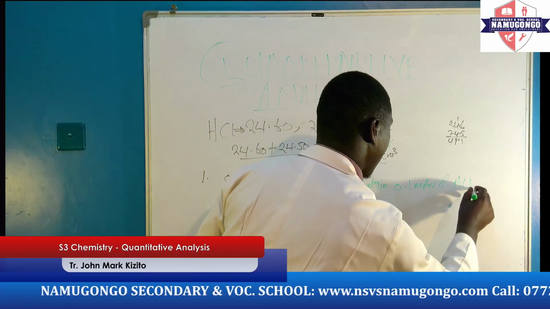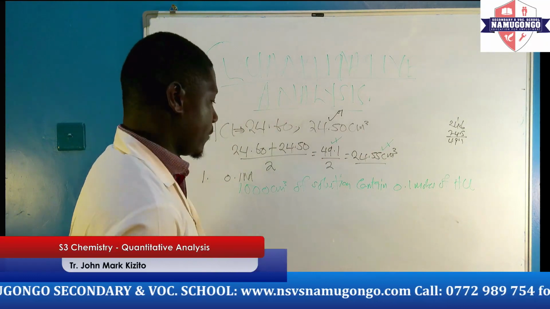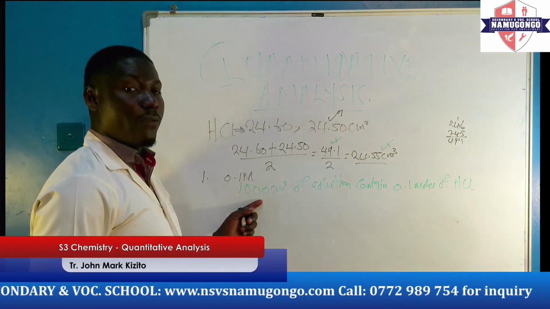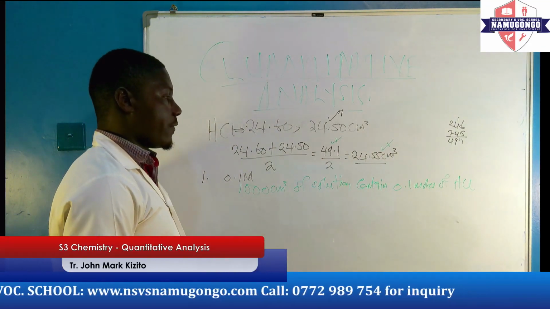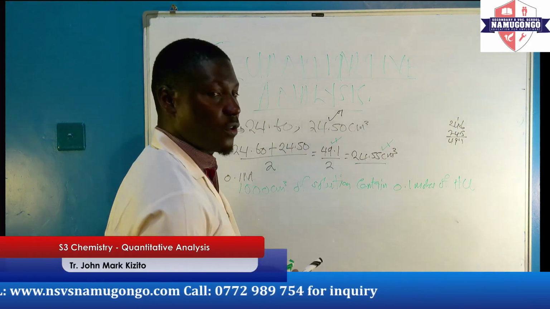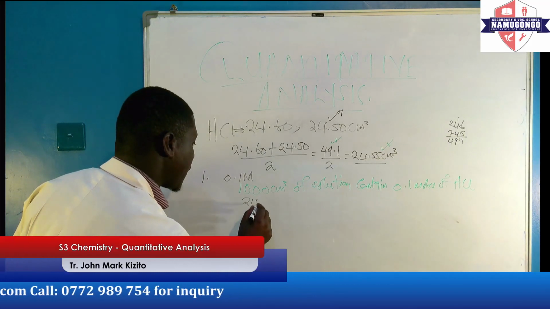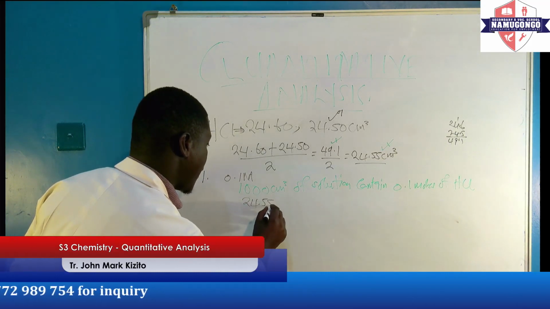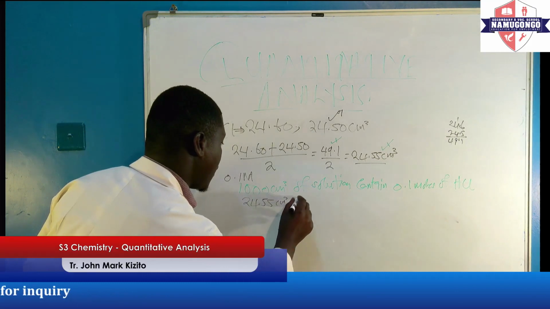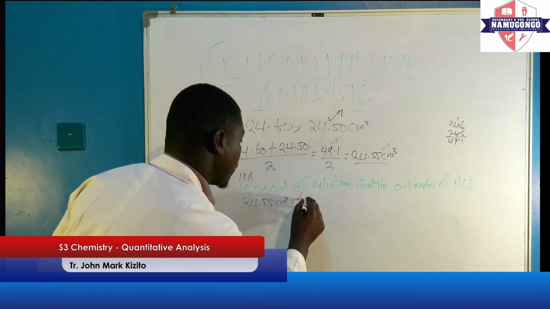Of hydrochloric acid, HCl. This is a full definition of molarity. Therefore, we are going to bring this volume that we got from our titration. What about the 24.55 cubic centimeters of solution?